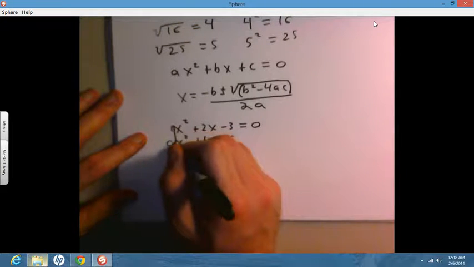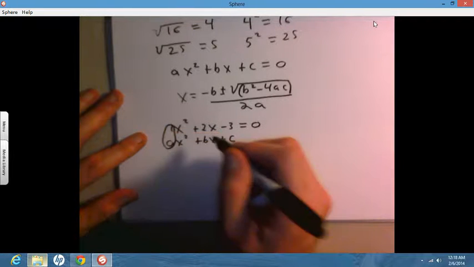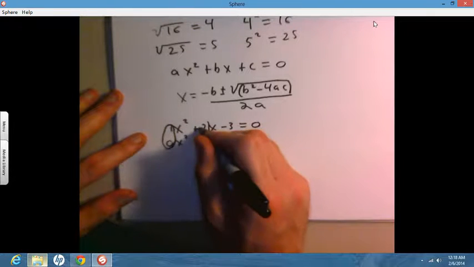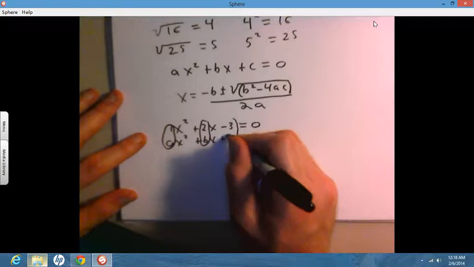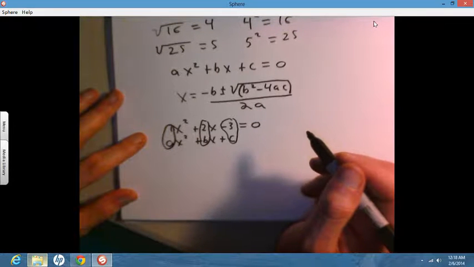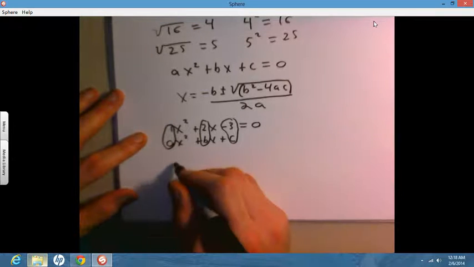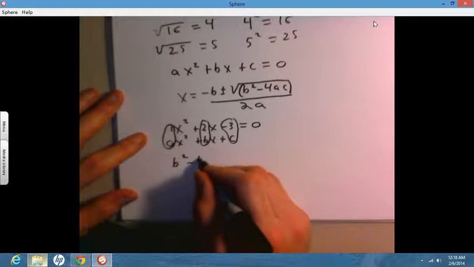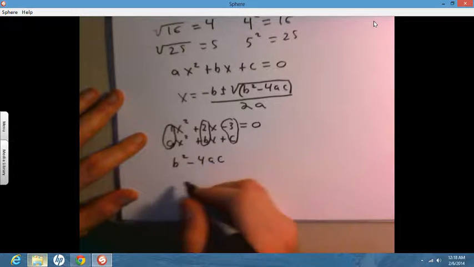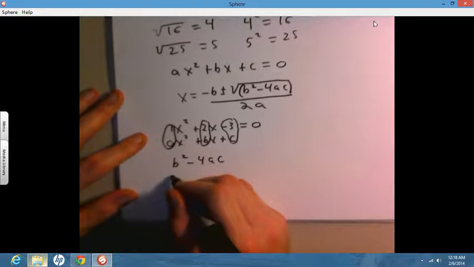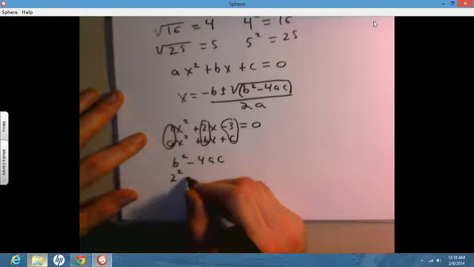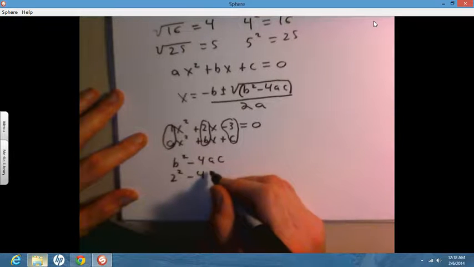So we have a equals 1, b equals 2, c equals negative 3. So let's calculate the discriminant. The discriminant is b squared minus 4ac. Well, b is equal to 2, so it's going to be 2 squared minus 4. A is 1, and c is negative 3.